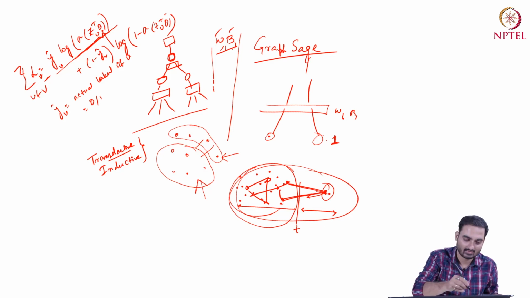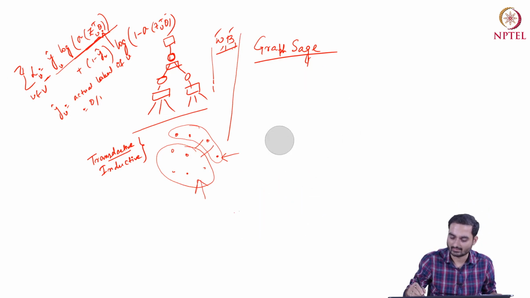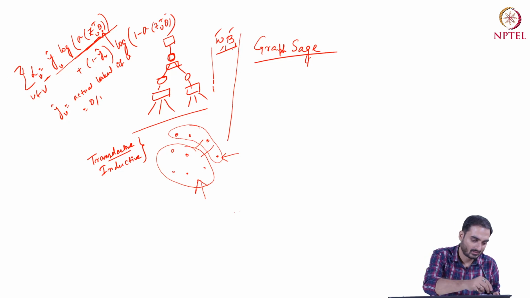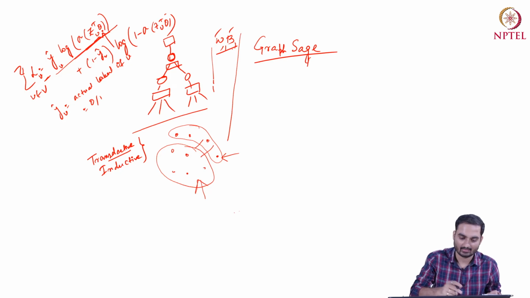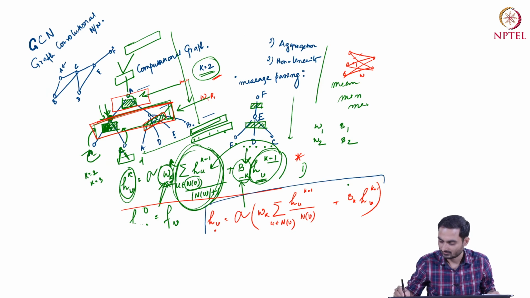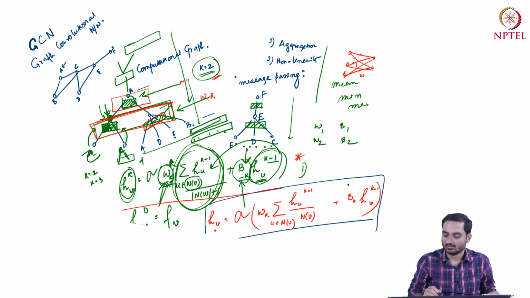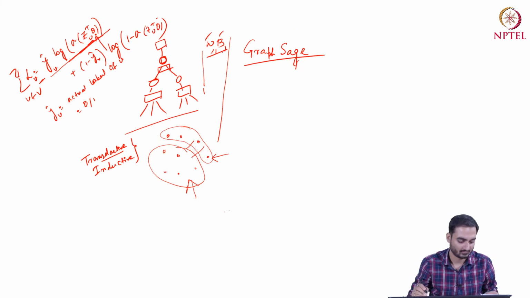Now, in GraphSAGE what they suggested is that you just take the same GCN paradigm, but in a different way. Now in GCN, let me just go back, remember this formula. In GCN we make it even more generalized.